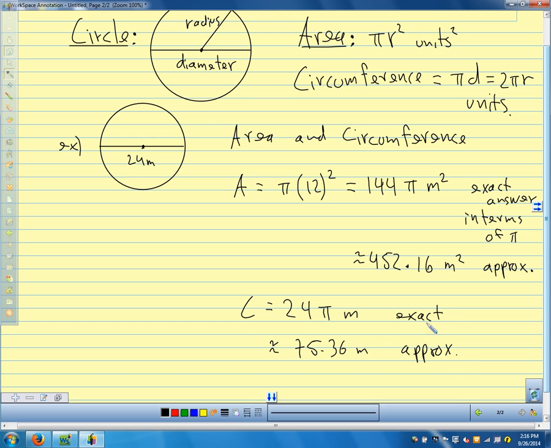So the first answer is our exact answer, or our answer in terms of pi, and this is our approximate answer. And the book will ask the question in both ways. They'll say, find the area of the circle in terms of pi. They mean this. Find the area of the circle rounded to 2 decimal places. They mean this. Find the exact area of the circle. They mean this. Okay, questions there?